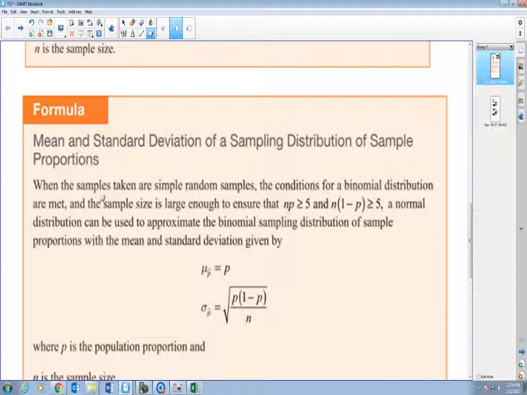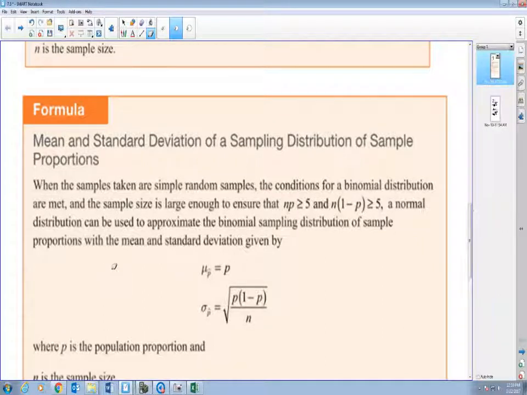When the samples taken are simple random samples, the conditions for a binomial distribution are met, and the sample size is large enough to ensure that n times p is greater than or equal to 5 and n times q is greater than or equal to 5, then a normal distribution can be used to approximate the binomial sampling distribution of sample proportions.